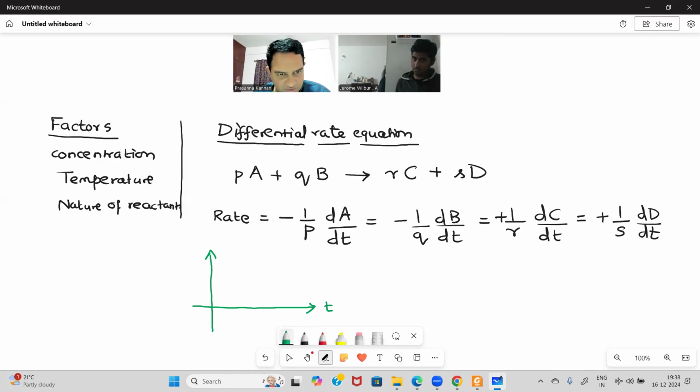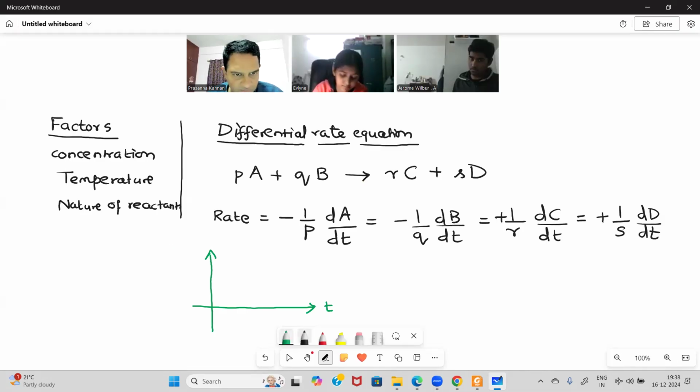I'll represent it with A, in general, or if you want, you can represent it with R as well, no problem. So what is happening now? You can see that as time progresses, the reactant's concentration keeps on decreasing, isn't it? So if I take a slope, the slope will be negative.